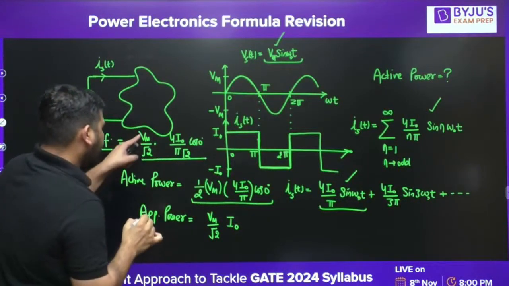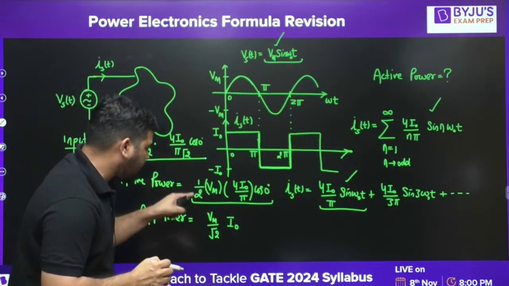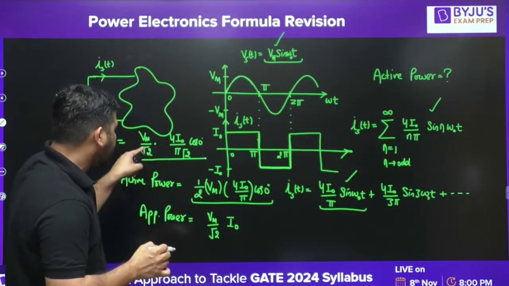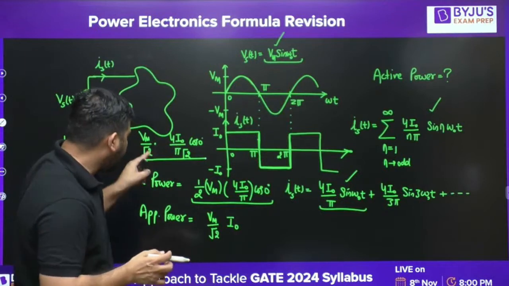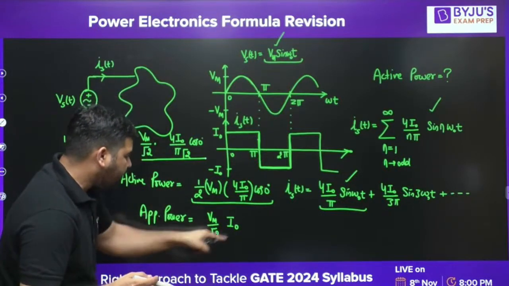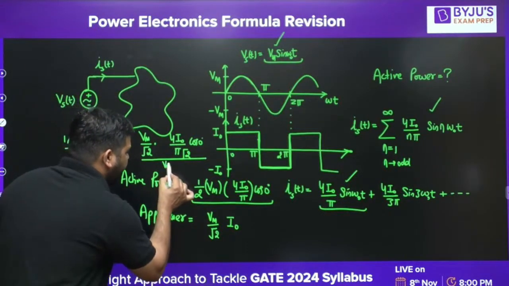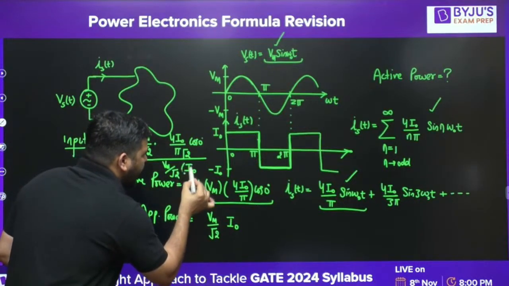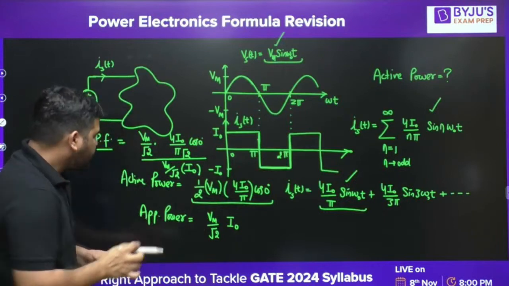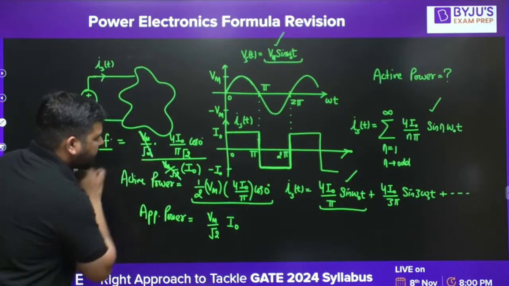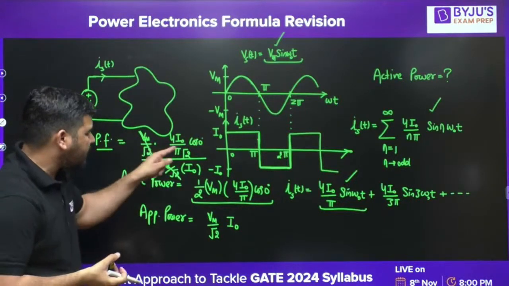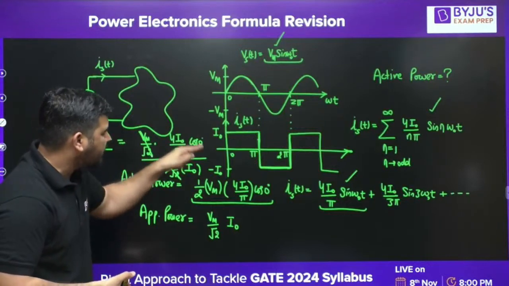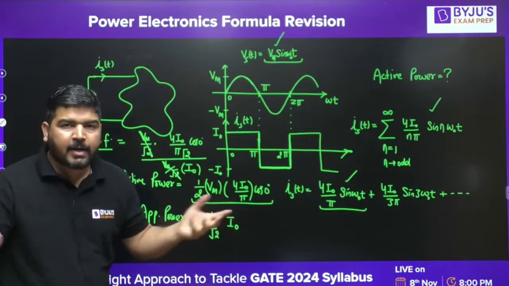This is my active power. Divide by the apparent power, Vm by root 2 into I naught, where I naught is the RMS value of the source current. So you can see that this cancels. This is the remaining part, and this is my input power factor, and you can calculate this value.